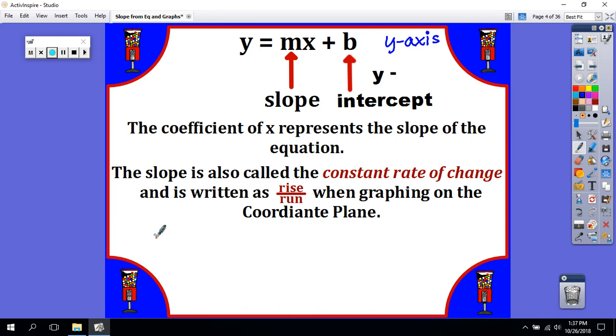We call it m in our equation. It's known as slope. It's the coefficient of x. It's the constant rate of change. And it's also rise over run. Man, this guy is popular. He has a lot of different names.